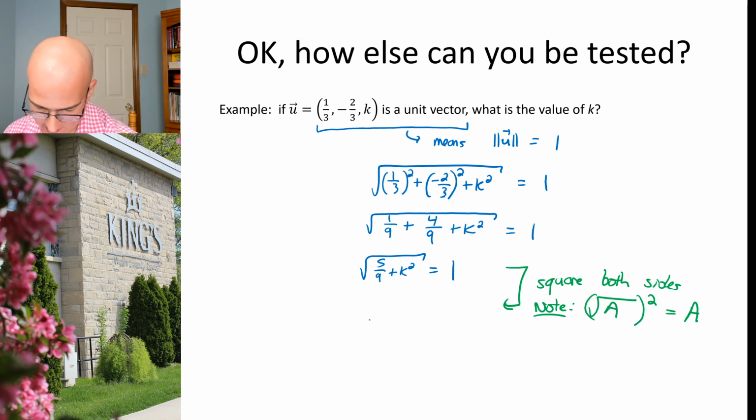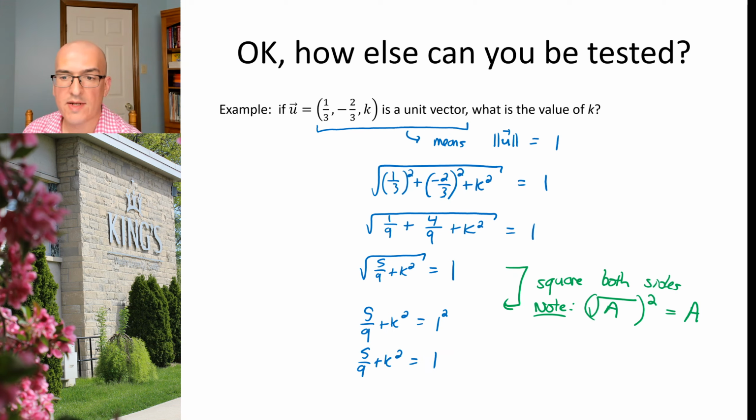So we have 5 over 9 plus k squared is equal to 1 squared. 1 squared being 1 times 1, which is 1. So 5 over 9 plus k squared is equal to 1. Now, the goal is to get k. So I'm going to continue isolating for it, by subtracting 5 over 9 from both sides.